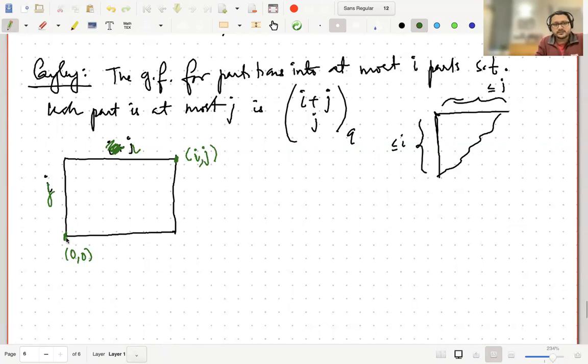I want lattice paths from the point 0, 0 to ij. And the path can have only two particular steps. One is an east step and the other one is a north step. So basically paths of this type will be something like this. So these paths are allowed. Now, these paths are actually partitions of exactly this type.